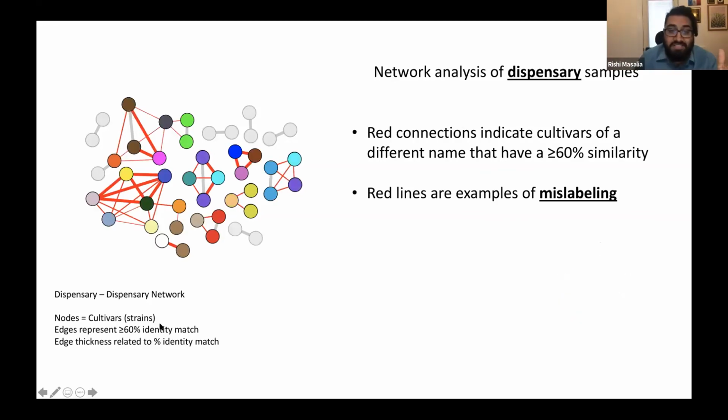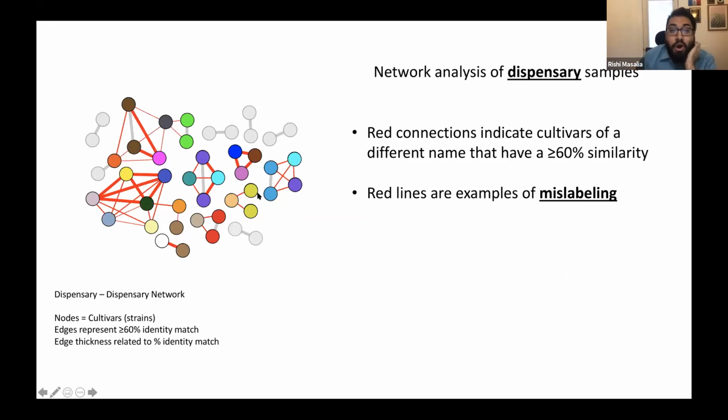If you noticed, there are a lot of nodes that connect cultivars of different names to each other. Every red line indicates mislabeling, or at the very least, two cultivars that do not share the same name but are genetically similar.